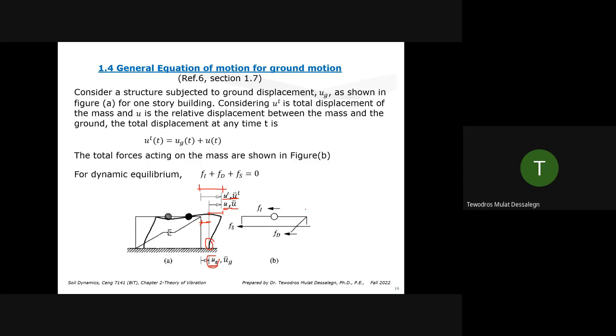If you look at the free body diagram of the one story at the top, always what you have is the inertial force, the damping force, and the stiffness force, which should be equal to the externally applied force for the system to be in equilibrium.